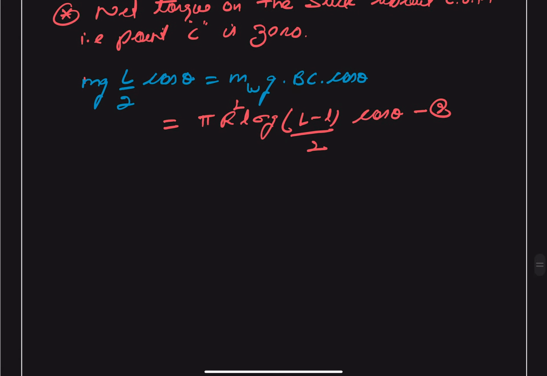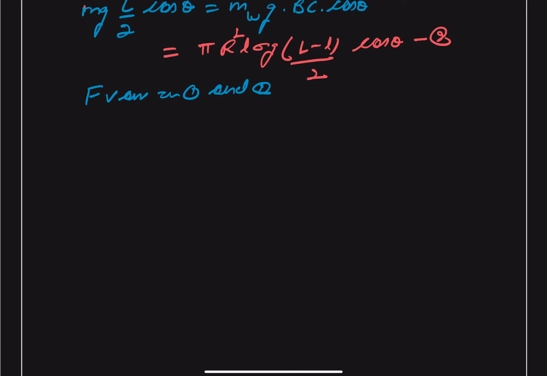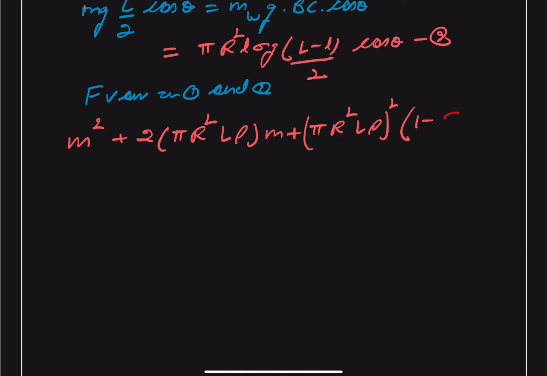So from equation 1 and 2, we can write that m square plus 2 pi r square L rho multiplied by m plus (pi r square L rho) whole square multiplied by (1 minus sigma upon rho) is equal to 0.